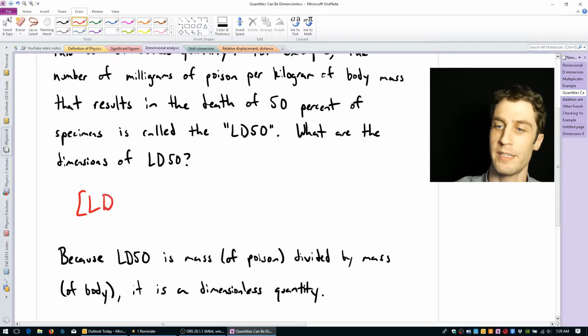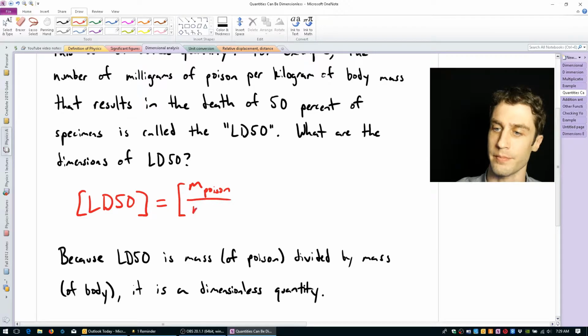Well, the dimensions of LD50 are, it's the number of milligrams of poison per kilogram of body mass. So it's the mass of poison divided by the mass of body. Let's break those up again.